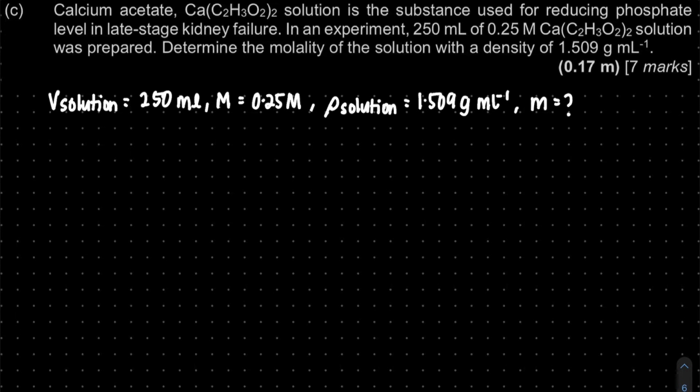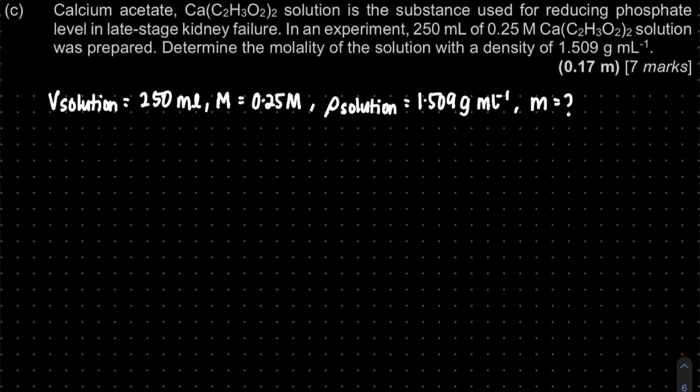Next, once we have extracted all the information, based on the information given, I'm going to write down the formulas: the formula for the molarity, the formula for the density, and the formula for molality. Since we have very different concentration measurements, it will be easier for us to write down the formulas.